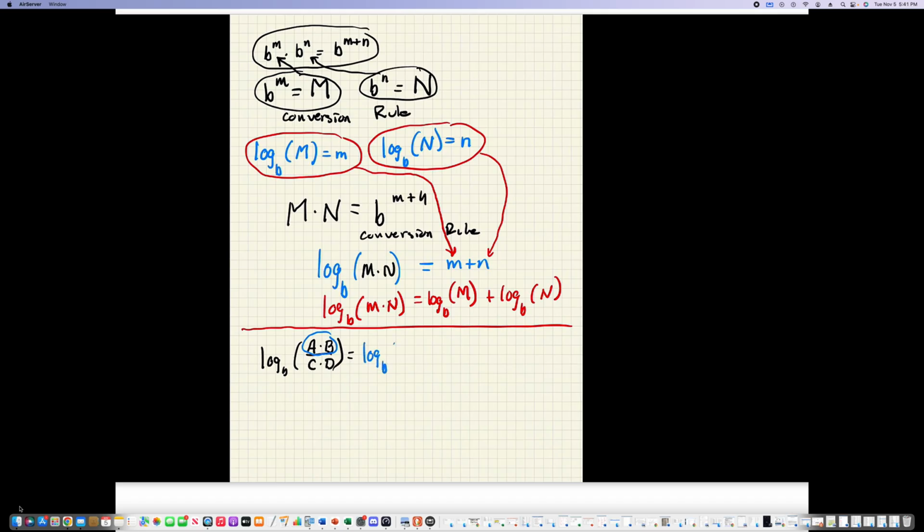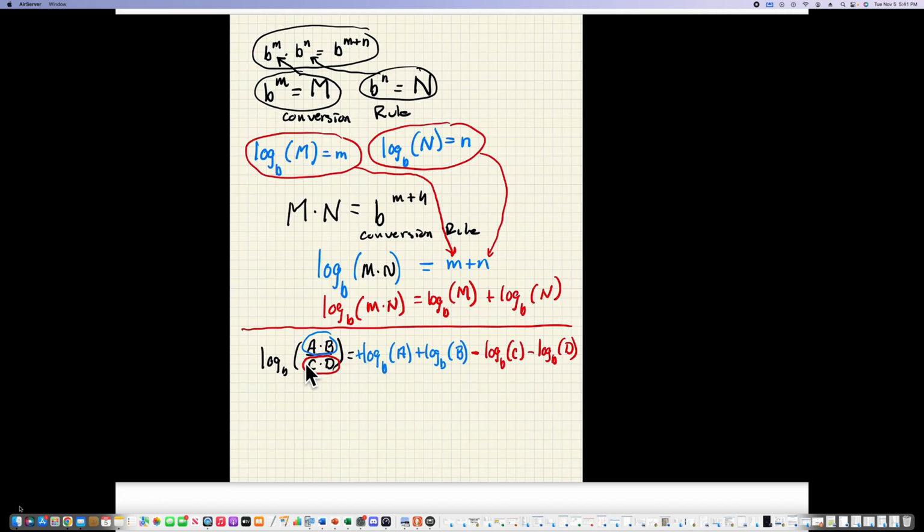Log base b of capital A plus log base b of capital B. And whoever's in the denominator, that's division, that's your quotient rule, we have to subtract these. So minus log base b of C minus log base b of capital D. So the rule is whatever factors are on the top, they are positive logs.